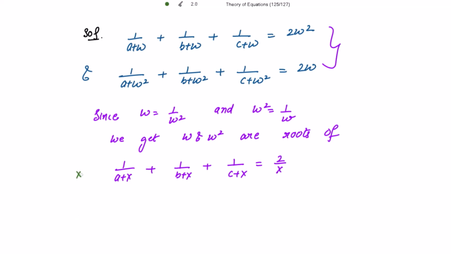If we put x equal to omega, we get the first equation, and if I put x equal to omega square, we get the second equation. So omega and omega square are the roots of this equation.